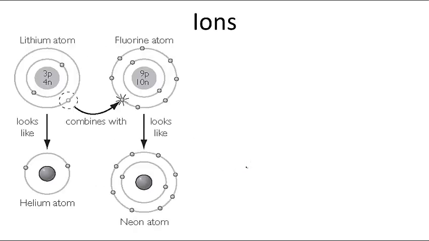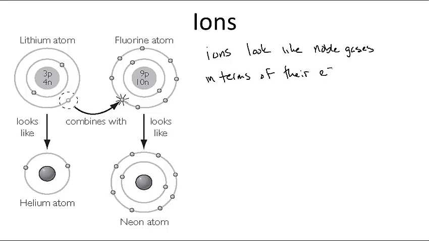So what happens is ions tend to look like noble gases. You don't need to copy the stuff down on the left, but ions look like noble gases, and this is really in terms of their electrons.